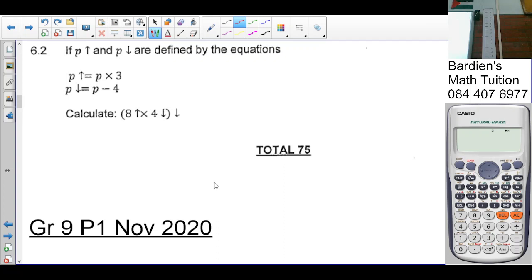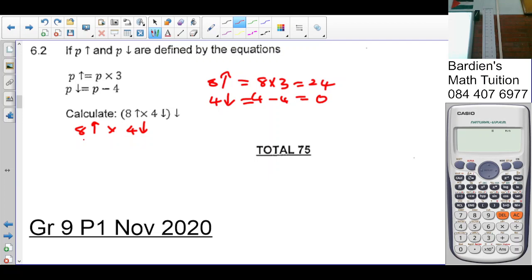So if I look at 8 up times 4 down, 8 up is going to be, P is now 8. Can you see that? So it's 8 times 3, which is 24. P down, so it's 4 down. It's going to be 4 minus 4, which is 0.